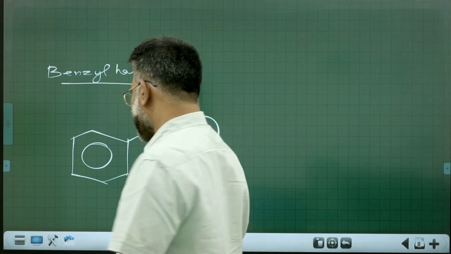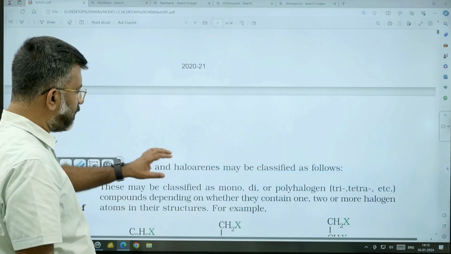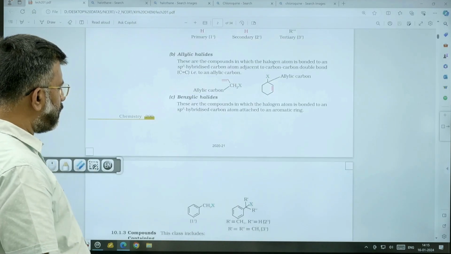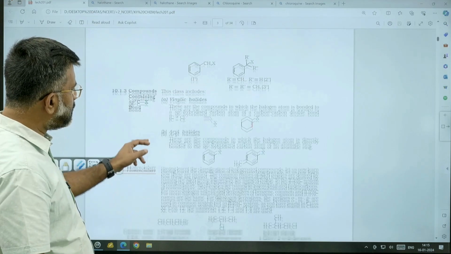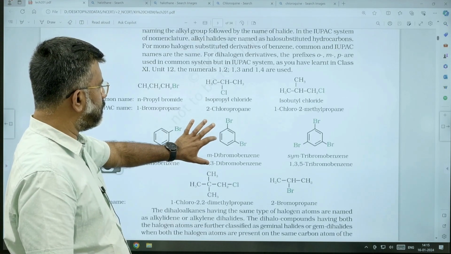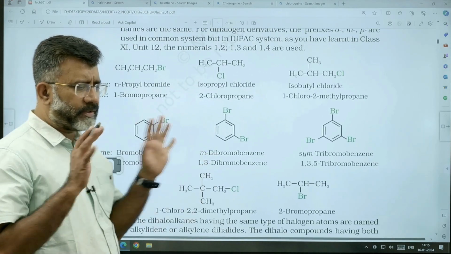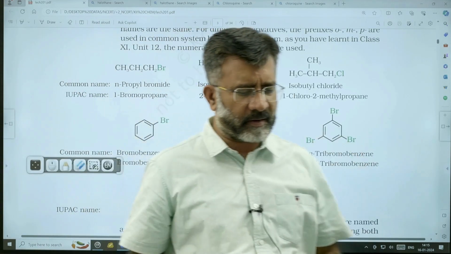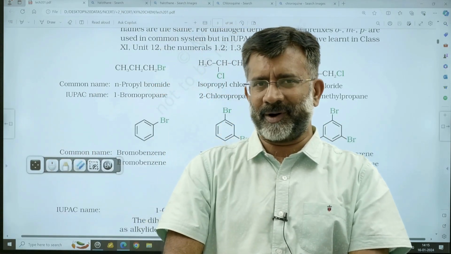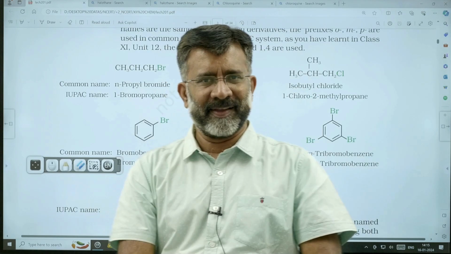Of course, I don't have to tell you the naming part. The naming part is also important. You are supposed to practice as many names as possible, particularly all examples in the NCERT textbook. And of course, we are feeding you a whole lot of examples through our materials and classes, right?